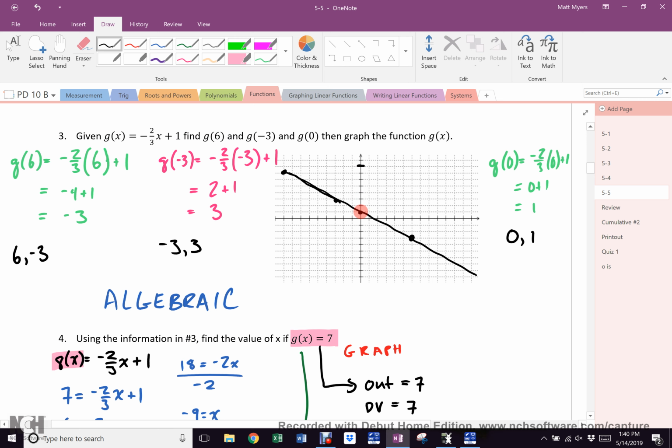Right there. Because I know the y value is 7. But I don't want the y value. I want the value of x. So I go across until I find the line, and then I get the x value, which was -9.